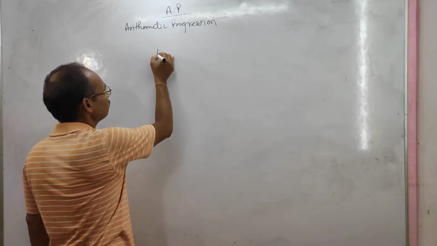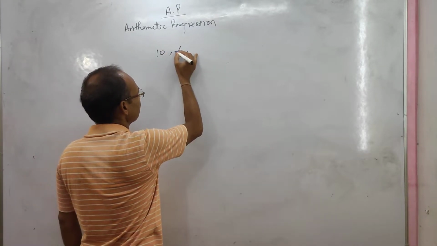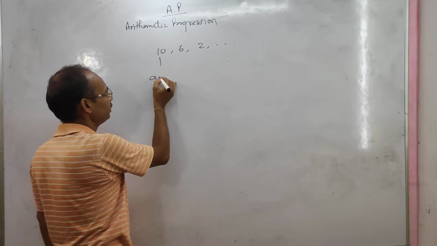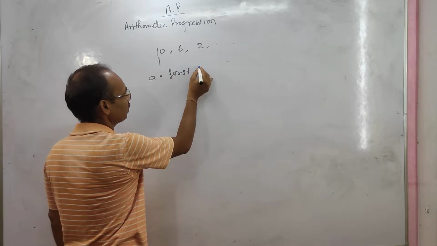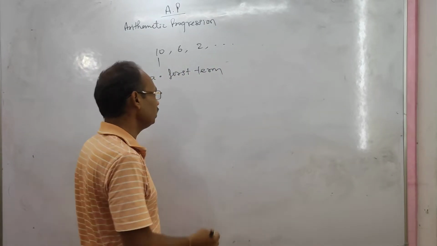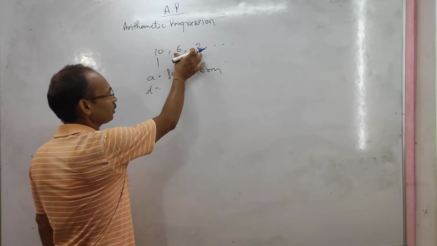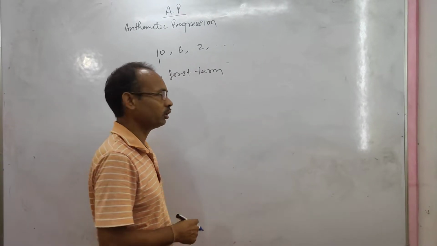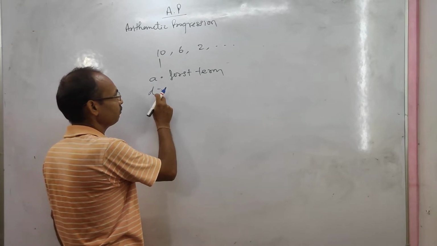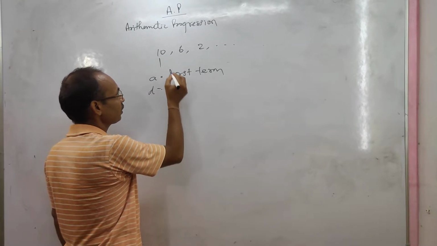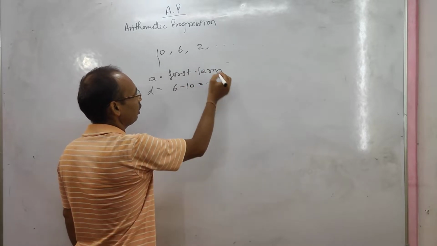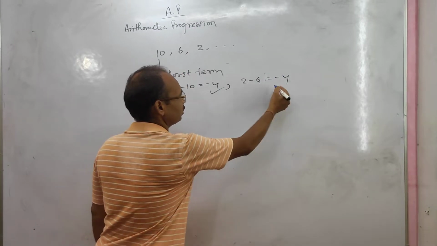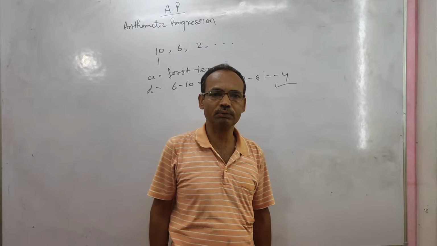First of all, if it is 10, 6, 2 and so on, then the first term is known as A. The difference of any two numbers, which is added or subtracted from the previous number, is known as the common difference D, and it can be found by subtracting a number from the previous number. Or 2 minus 6 is equal to minus 4.